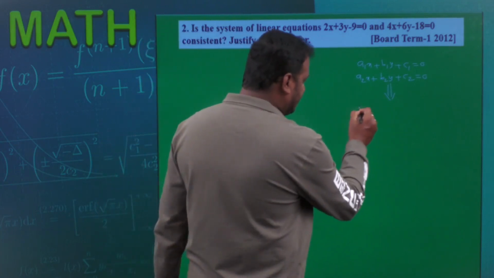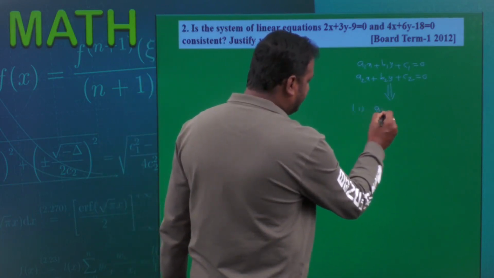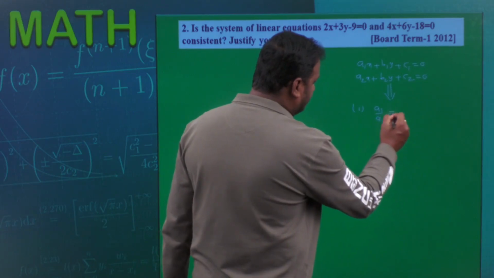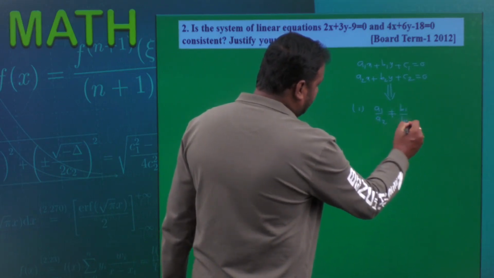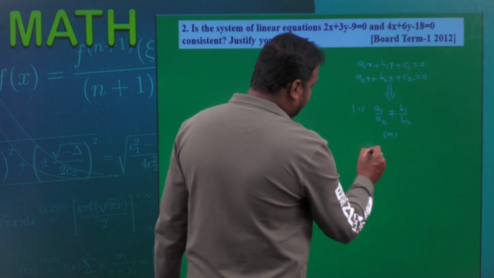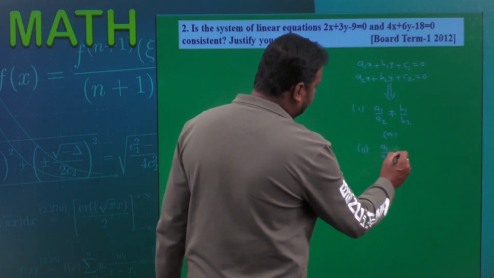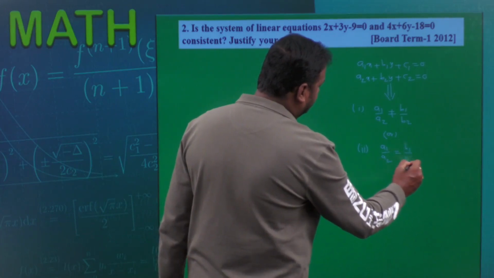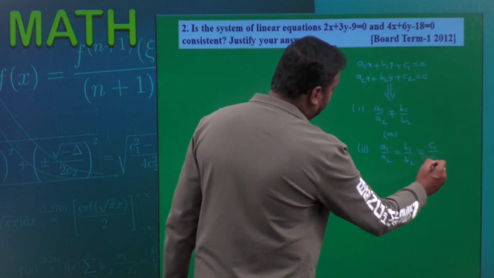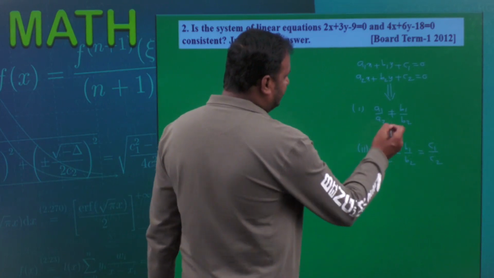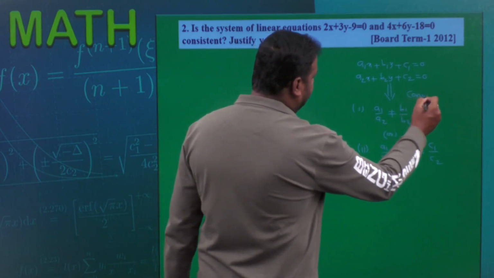It means the first condition is a1 by a2 not equal to b1 by b2, or what is the second condition? Second condition is a1 by a2 is equal to b1 by b2, which is also equal to c1 by c2. So then only they are said to be consistent.